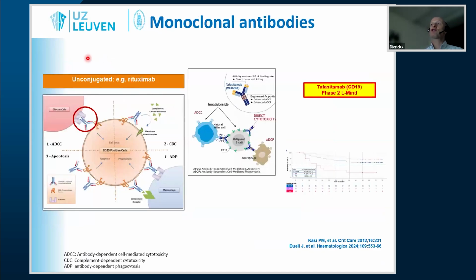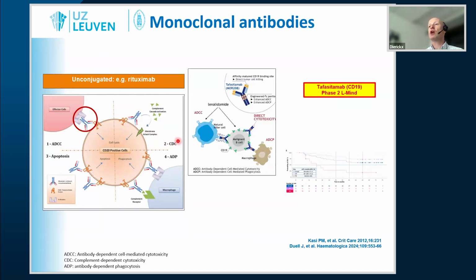So first, the unconjugated or the naked, for example, rituximab. You're aware that this is an anti-CD20 monoclonal antibody. It binds to CD20, and then it leads to antibody-dependent cell-mediated toxicity, so it attracts different effector cells of the immune system.